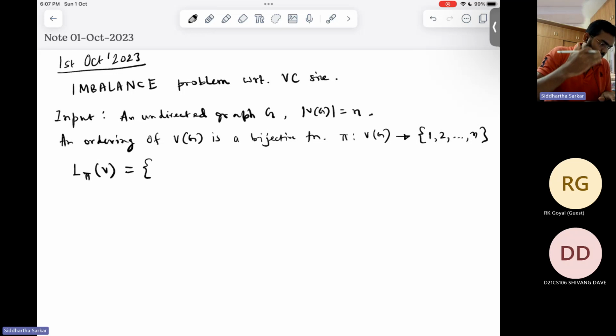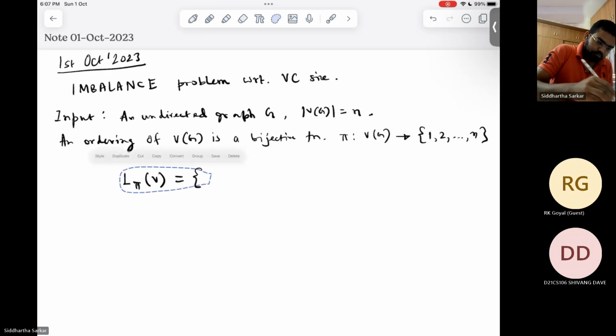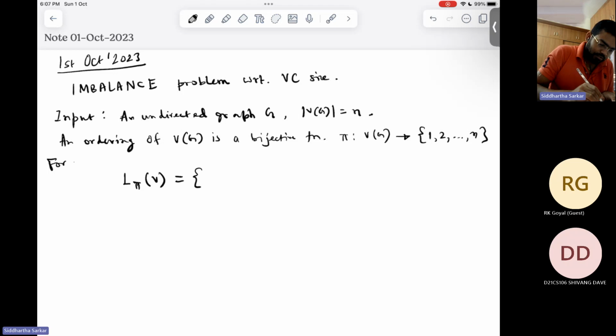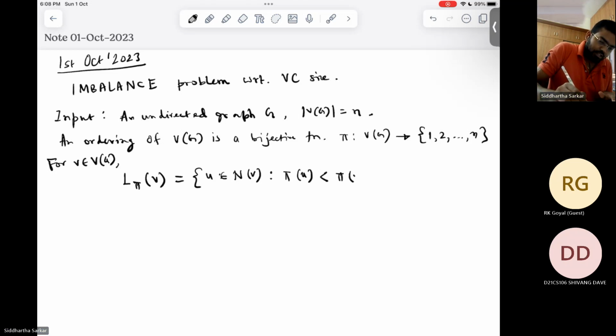Given an ordering pi, for v, which is a vertex in the graph, we'll define L pi of v as the set of neighbors of v that have received a smaller number by the bijective function.